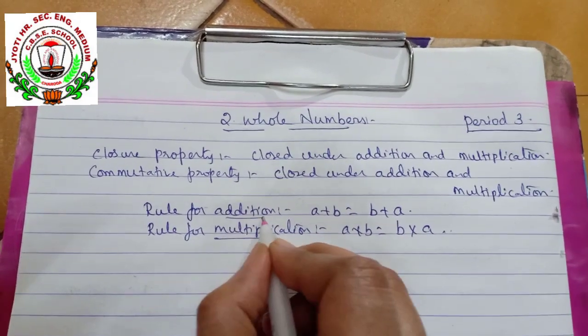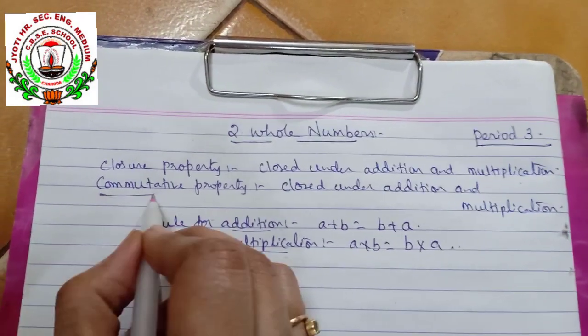This is the rule for multiplication. This is the rule for addition under commutative property.